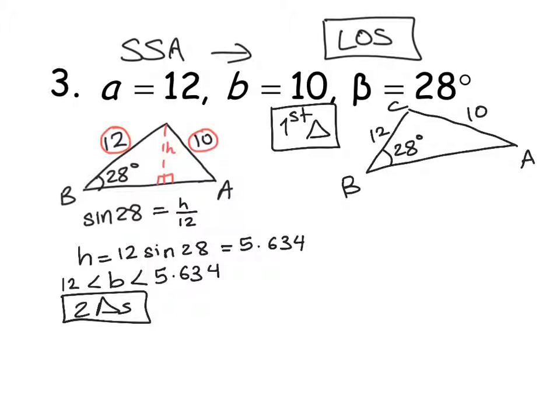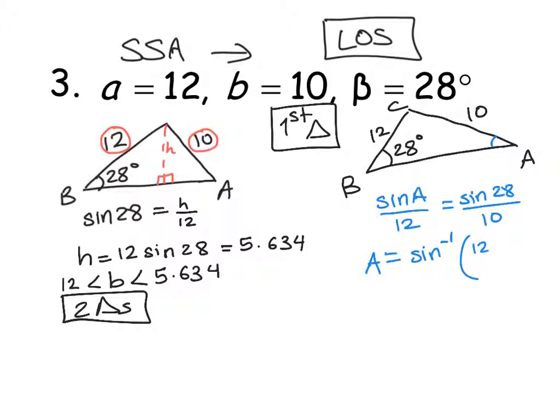So let's start with angle A. Sine of angle A over 12 is equal to sine of 28 over 10. So angle A is going to be the inverse sine of 12 sine 28 over 10. Remember, every time you're trying to find an angle, you're doing the inverse sine.